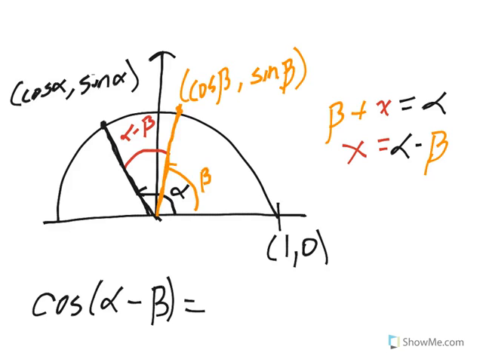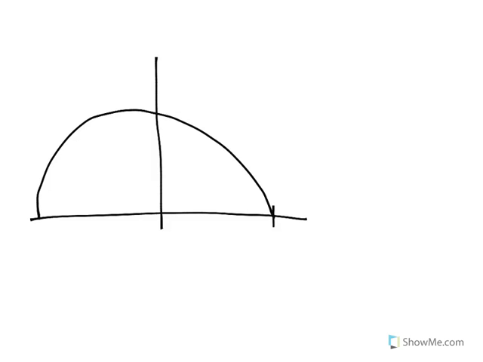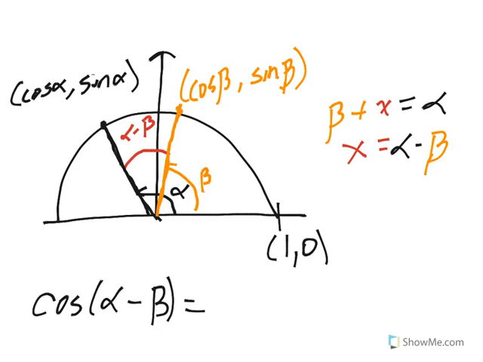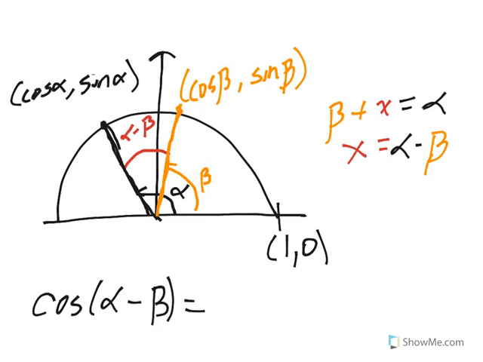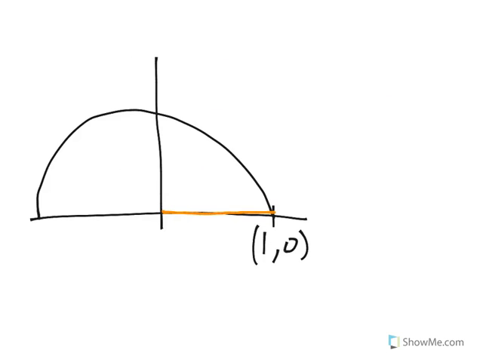Here on the other page, I've got my half circle, I've got (1, 0), and I'm going to put that orange ray on the positive x-axis, and the terminal side, this guy over here, I'm going to put over here.